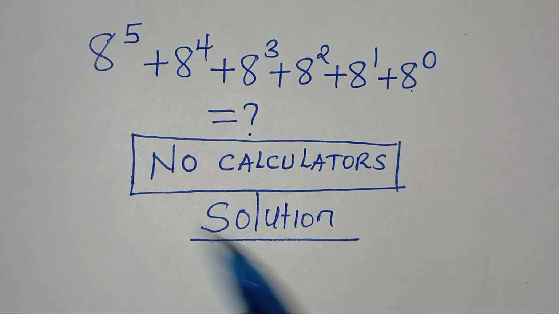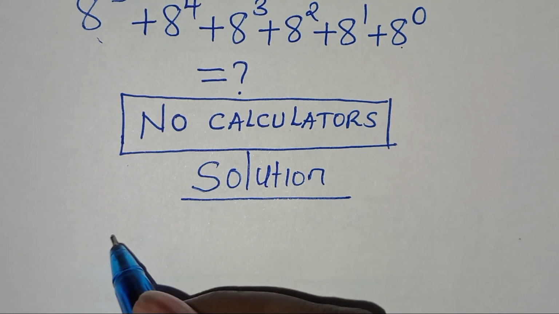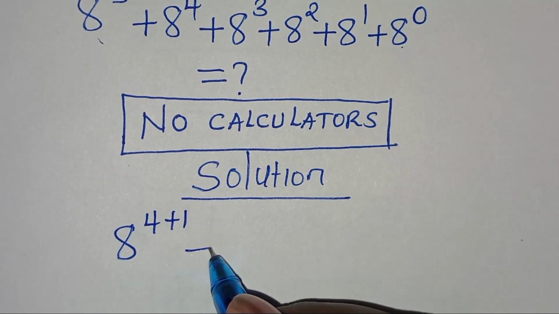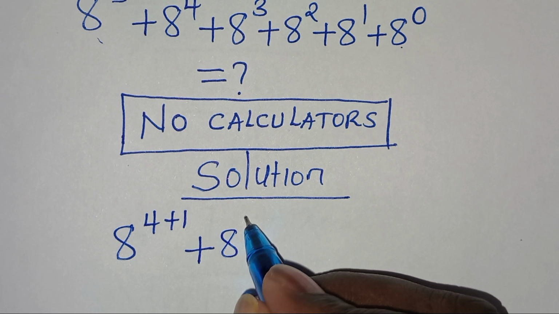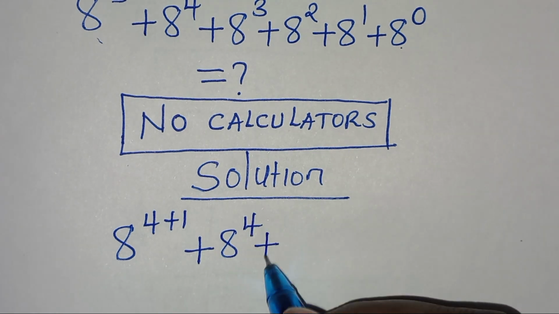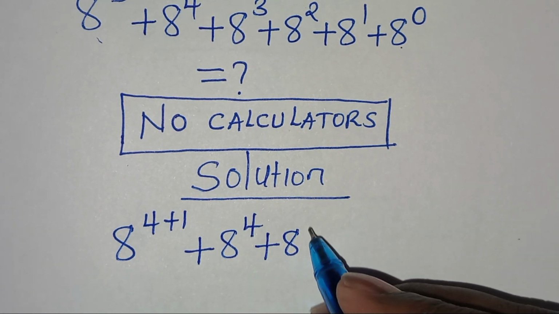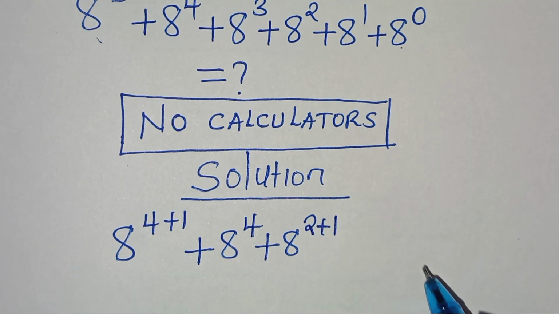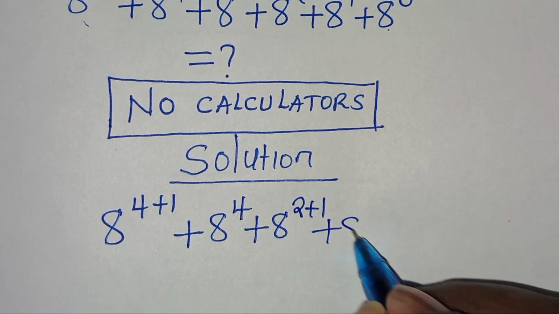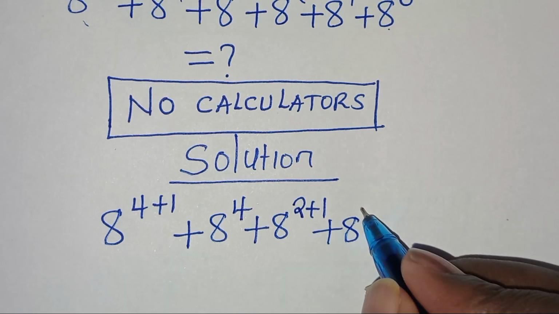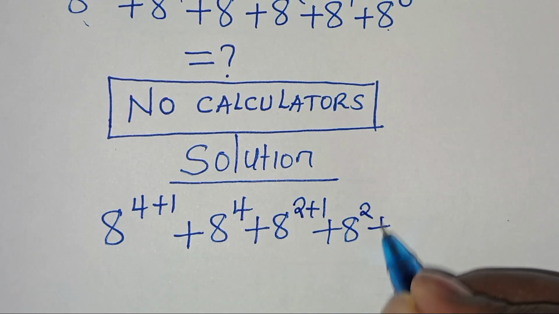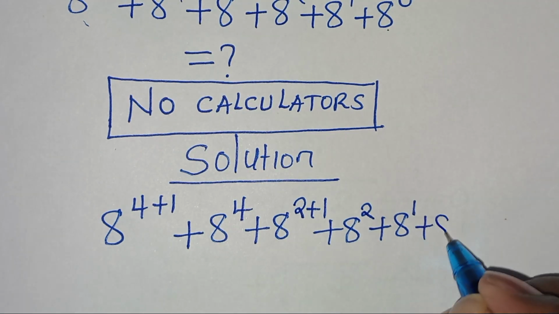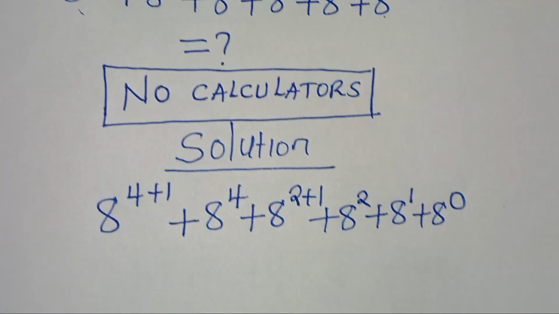So we can express 8 to the power 5 as 8 to the power of 4 plus 1, then plus 8 to the power of 4, then plus 8 to the power of 3, which you can express as 2 plus 1, then plus 8 to the power of 2, then plus 8 to the power of 1, then plus 8 to the power of 0.